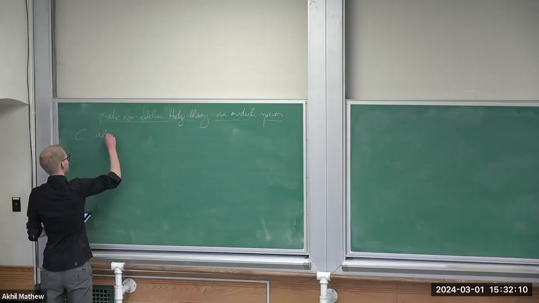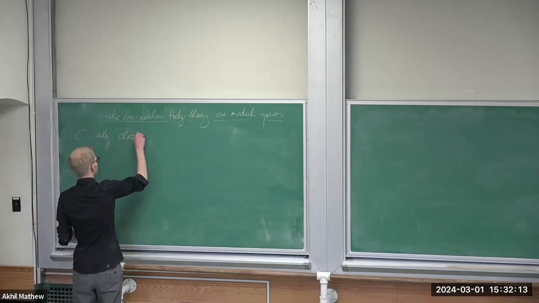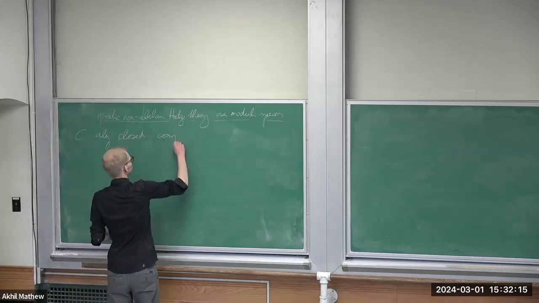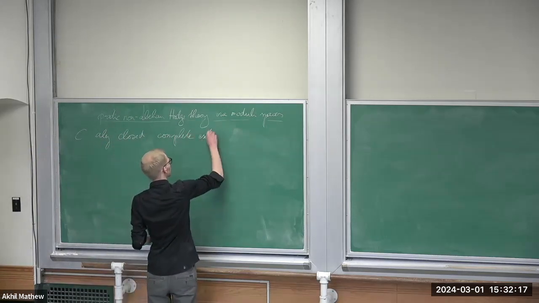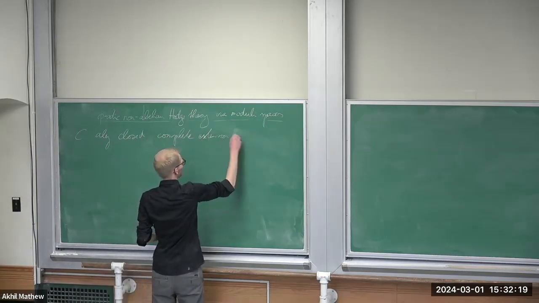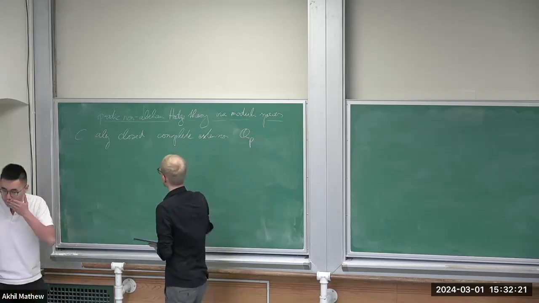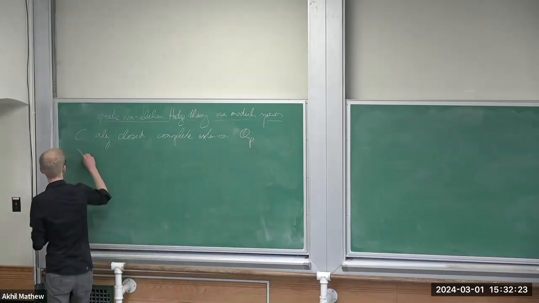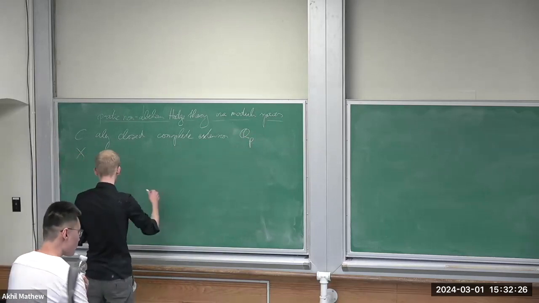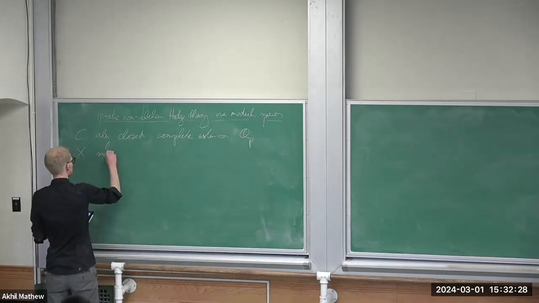So the setup is the p-adic one. We have a p-adic field, which can be Qp. In particular, it's a geometric setup. So for purposes of time, they can be the same.